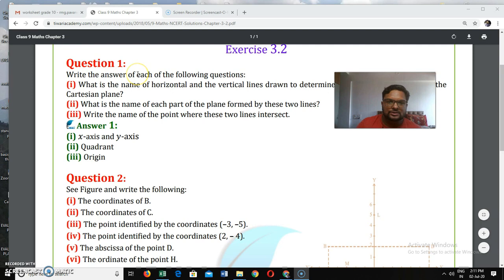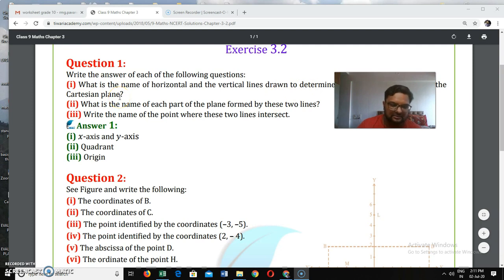Let's see the first question of 3.2, that is, write the answers of each of the following. The questions are here. What is the name of the horizontal and vertical line determining the positions of any point in the Cartesian plane?